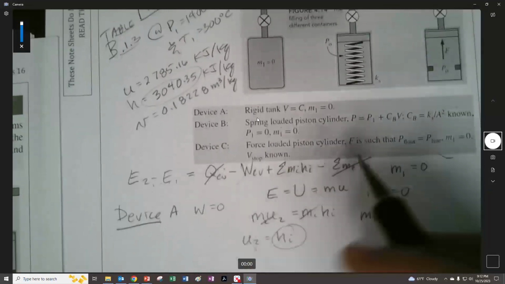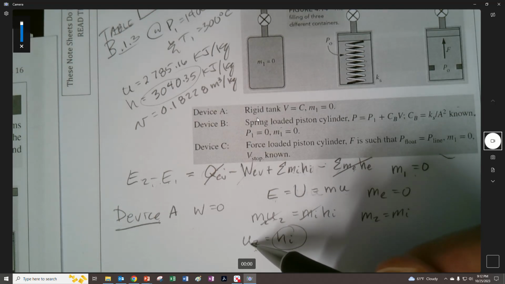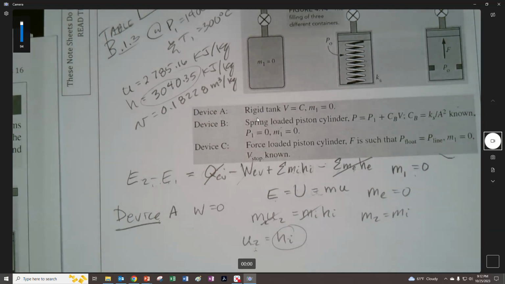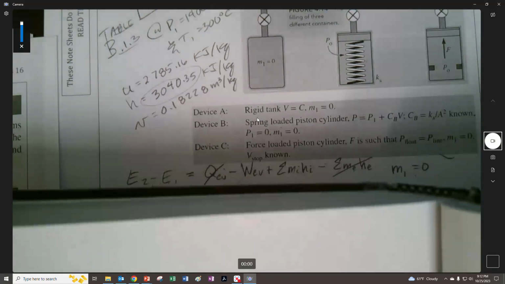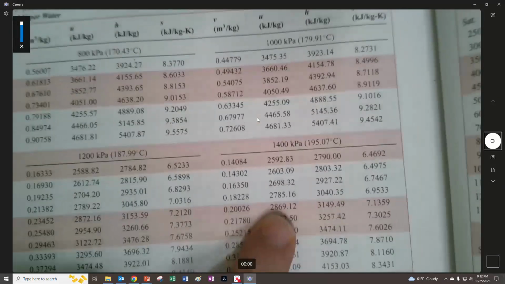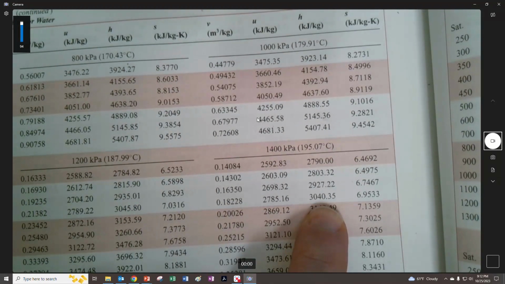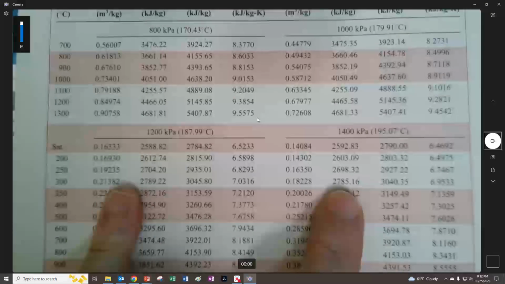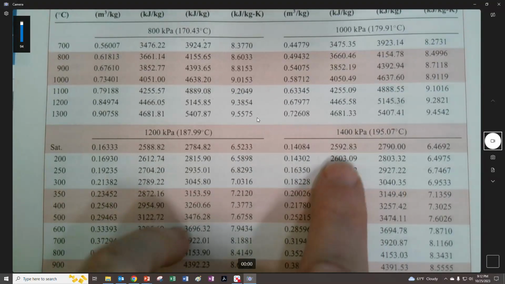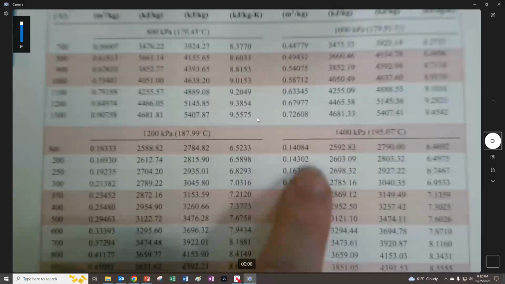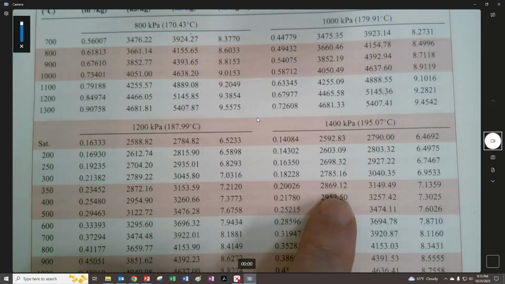So what we just said is we have reasoned out that the internal energy is going to equal the enthalpy coming in. So at that pressure, and they didn't do us any favors, I guess they did 1400. So there's 1400 right in there. What you need to do now is find that 3040, which is right over here for that 300 degrees. But now we've decided from this transient process that the internal energy is going to equal that.